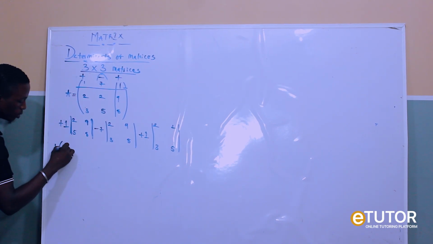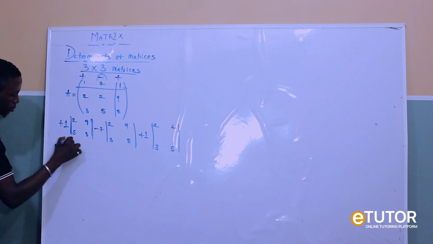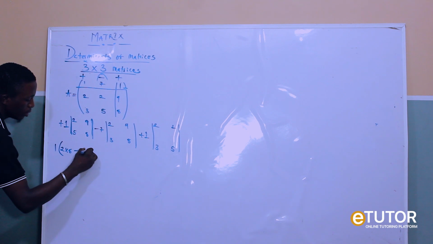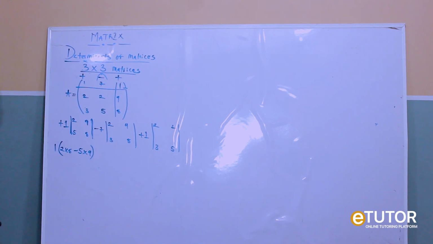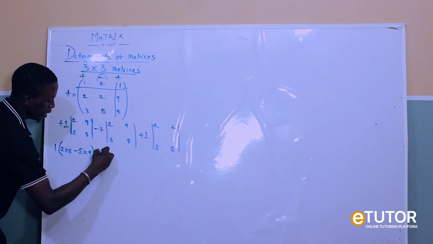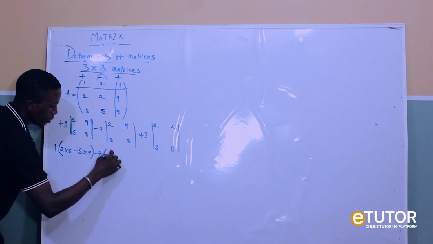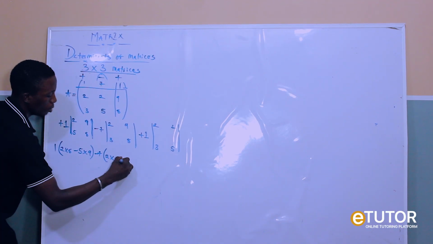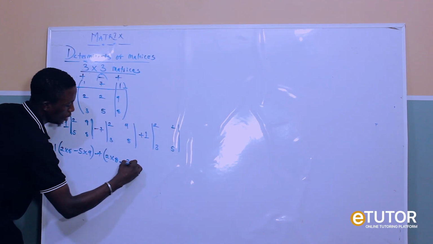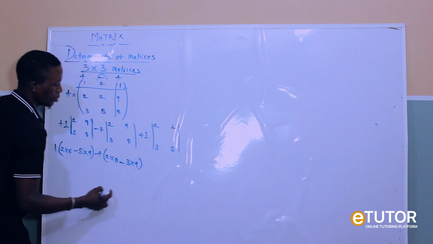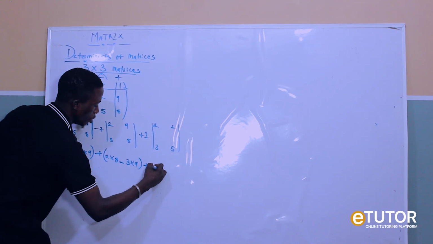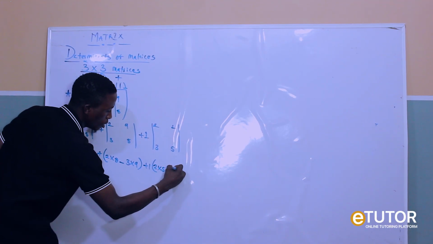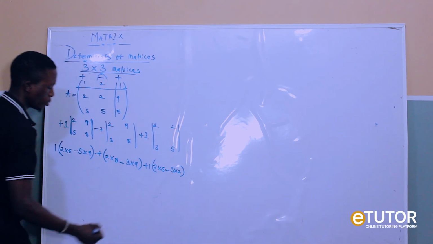So we'll have 2 times 8 minus 5 times 9. So the next thing again, negative 7, open bracket, 2 times 8 minus 3 times 9. So the next one, plus 1 into 2 times 5 minus 3 times 2.